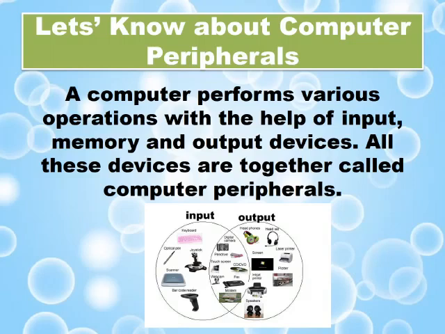Devices are the things, the objects we use to give information into the computer, store it, and get information from the computer. Devices means things like mouse, keyboard, monitor, USBs. So the combination of input devices, memory unit and output devices together are called computer peripherals.